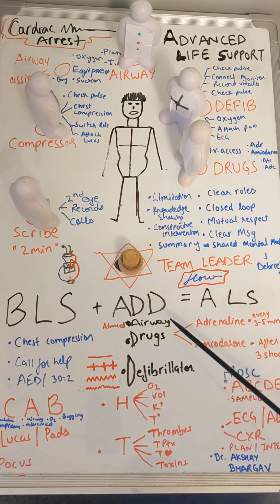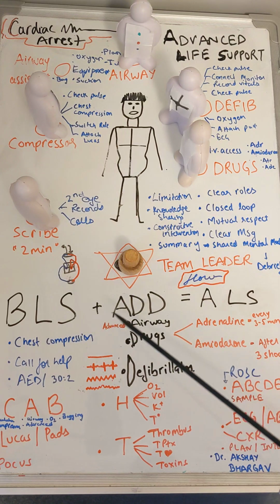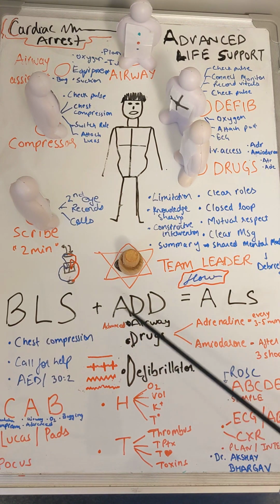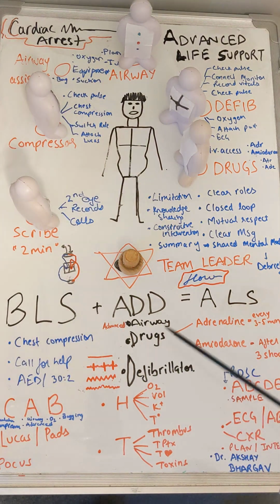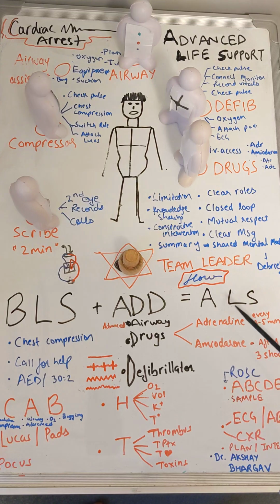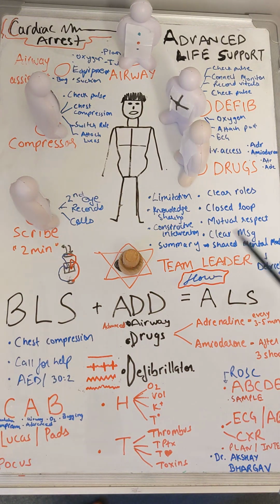You add something to BLS, which is advanced airway, your drugs, and a defibrillator. When you add these things to BLS, it makes you do the life support in a more advanced manner, which is what advanced life support is.